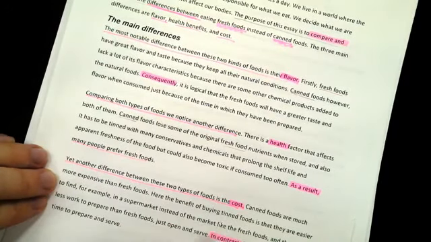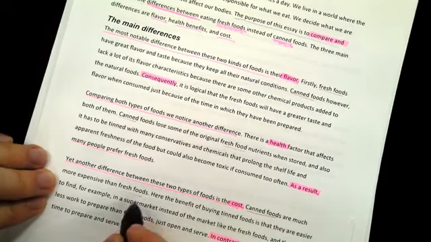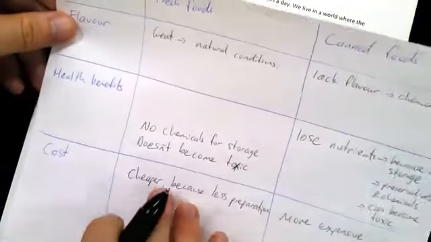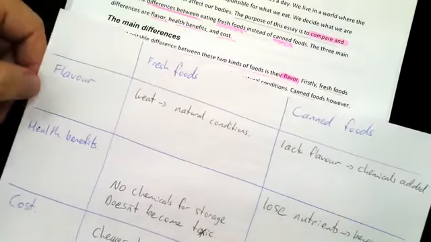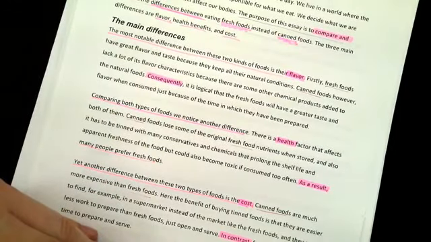Introduction, information, conclusion. Information with canned food and fresh food. You should always include both. And so, that is a point-by-point essay.